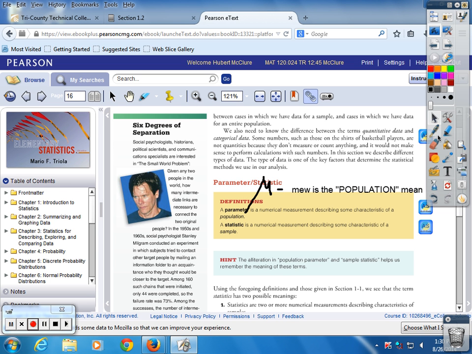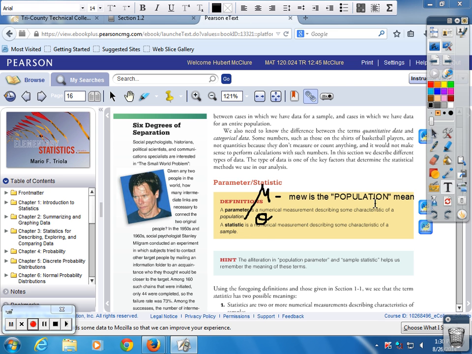Now, what's the other thing that's important? The other thing that's important is omega, or sigma, I'm sorry. Sigma. And sigma is the population standard deviation.